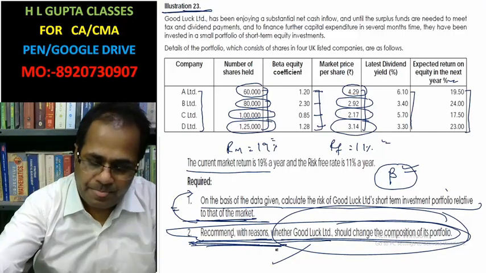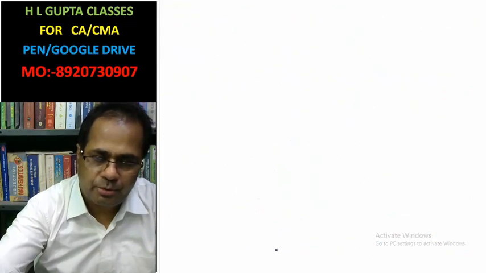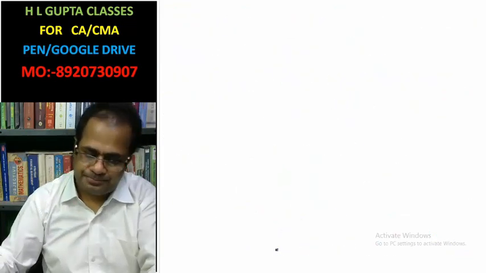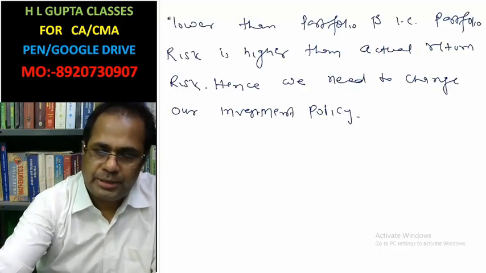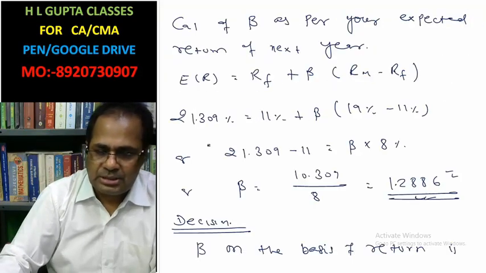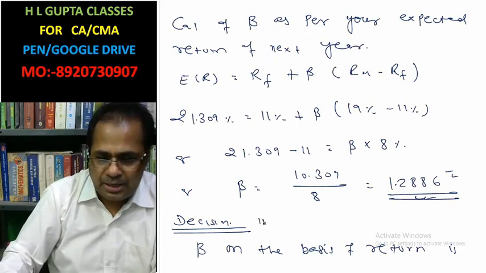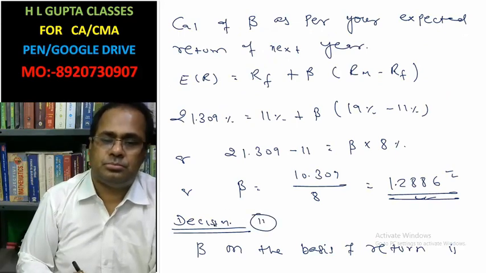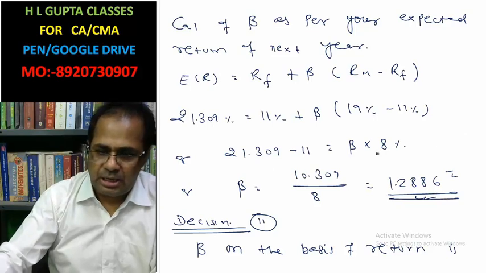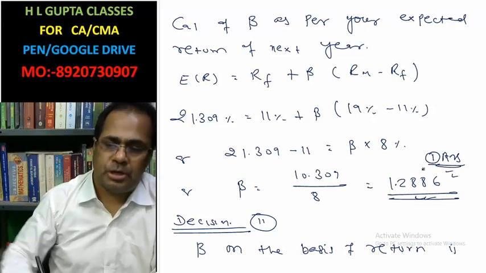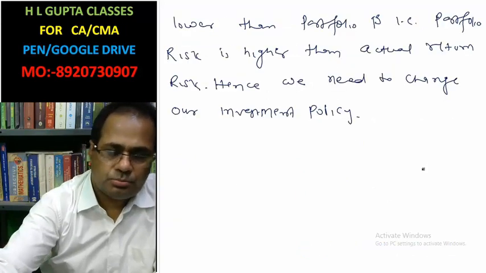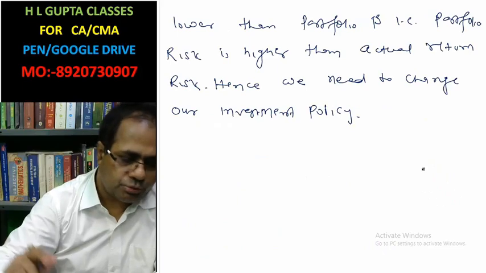Now, how to change the portfolio, I'm going to give the answer. Actually this is the answer of the second part as well; this is the first part answer. Now look at here, need to change.